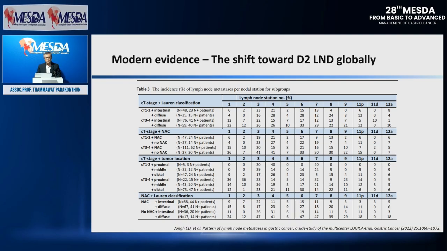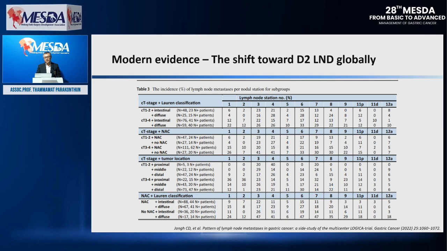One interesting study is the LOGICA trial. They were interested in neoadjuvant chemotherapy, but they also demonstrated a very important result, which is the prevalence of lymph node metastasis. They found that for the diffuse type, the incidence of lymph node metastasis is higher than for the intestinal type. The lymphatic spread is not located only near the primary tumor, but can also spread to faraway regions.